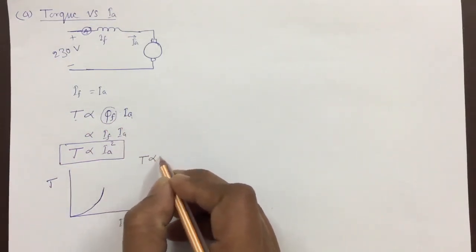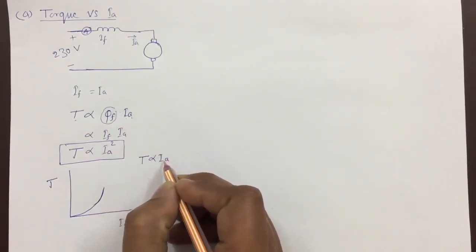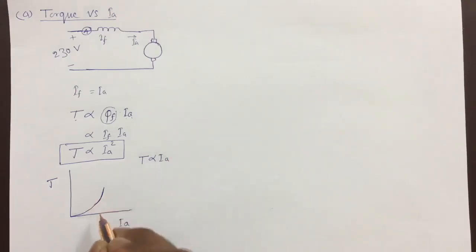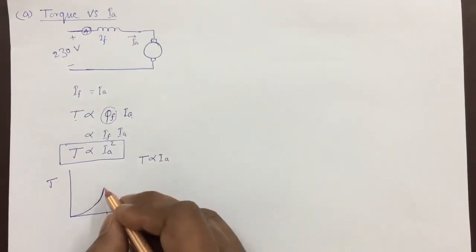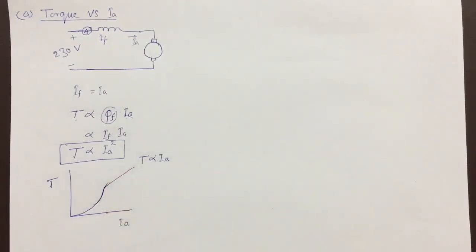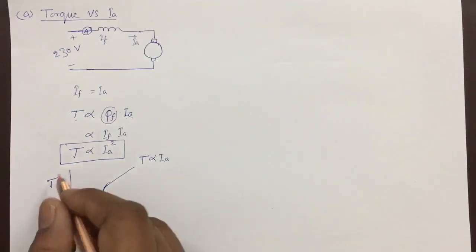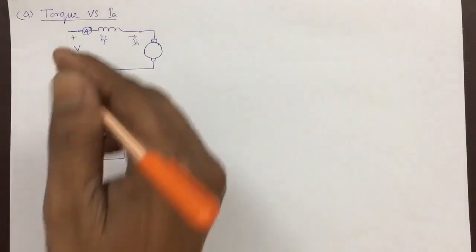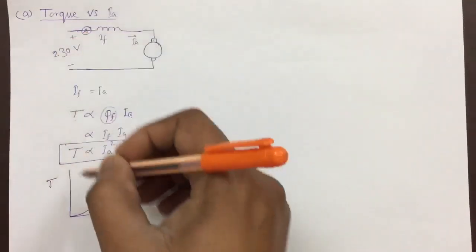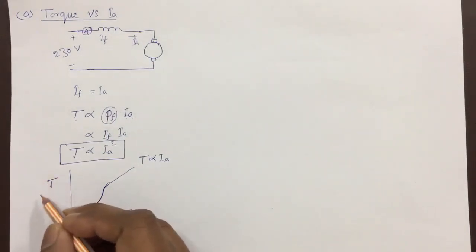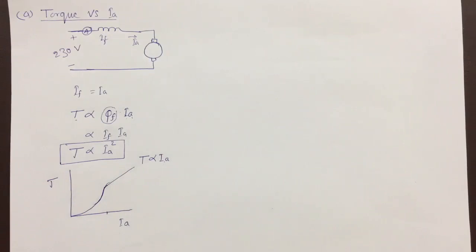So torque will be proportional to IA when the current reaches higher values. Up to a certain limit, it is proportional to I square. After that, it becomes almost linear to the IA. So we can say this is the characteristics between torque and IA. So the first thing that is given here, we can do like this. How torque can be measured, we will see after some time.